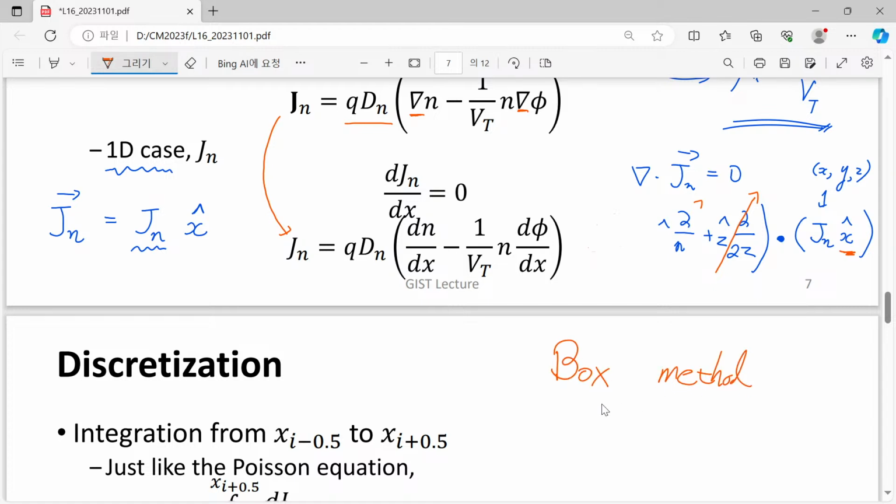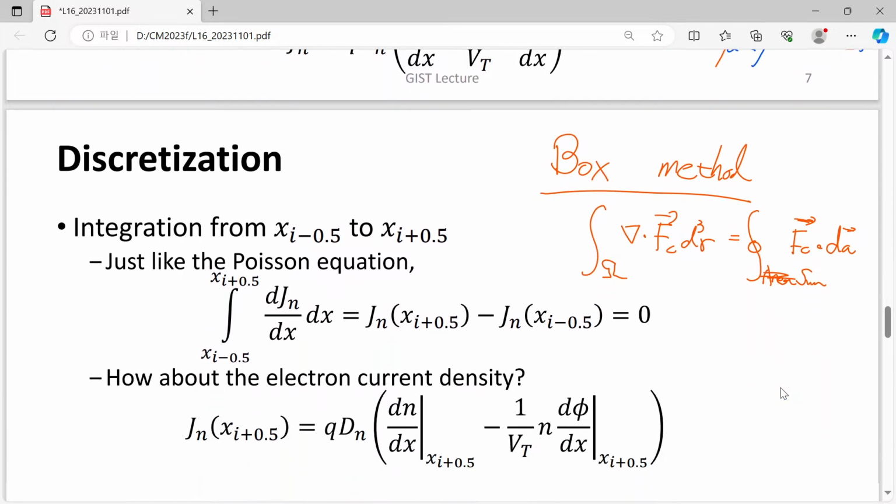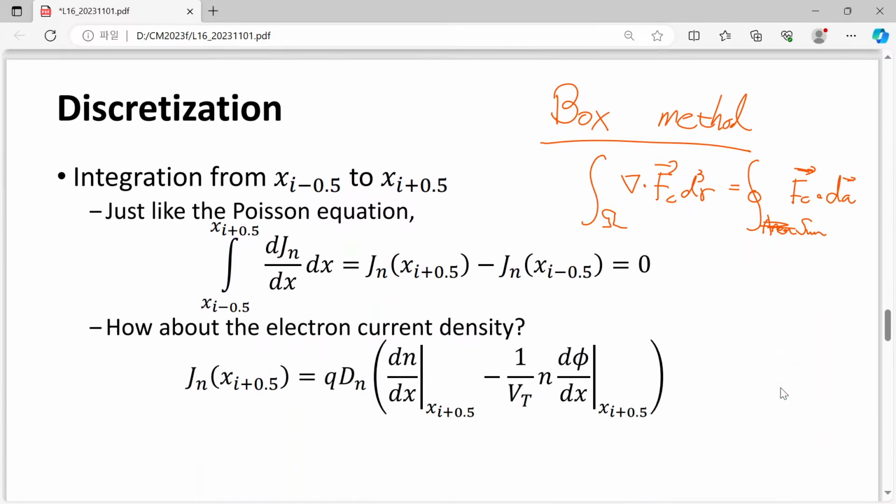Box method simply means that we integrate our flux term over a certain area, then it becomes just a surface integral, okay, surface, and now we integrate it over its surface area. This box integration can be done, but if we consider one dimension, it is really simple.